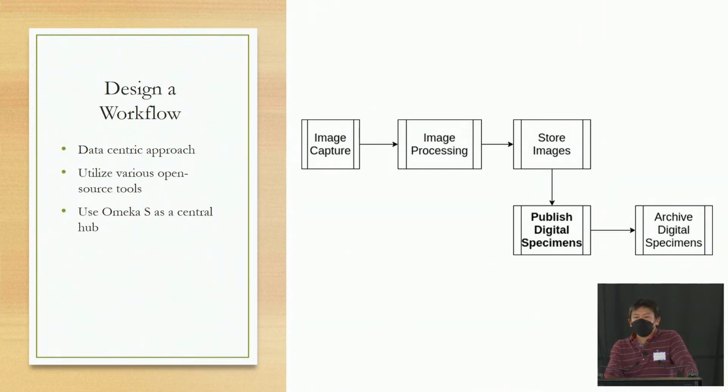We took a data-centric approach. The diagram shown here is the data flow through the system, from image capture to image processing, storing images, publishing digital specimens, and archiving digital specimens.